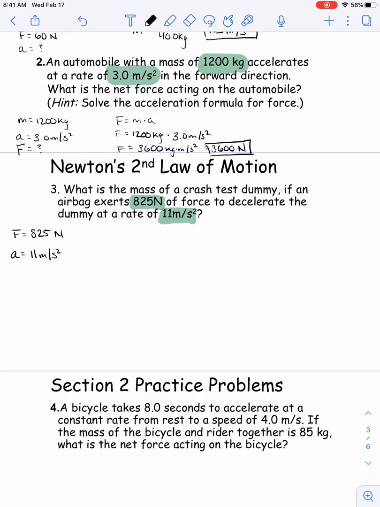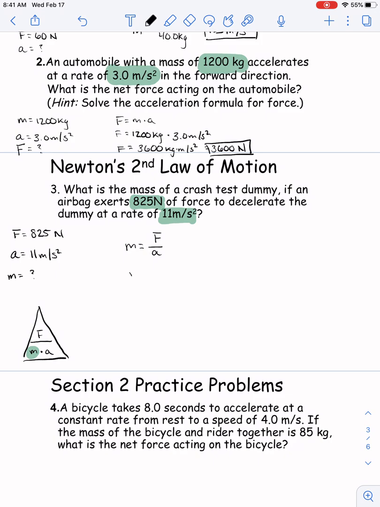It says, what's the mass of the crash test dummy if an airbag exerts 825 newtons of force to decelerate? So we're looking for the mass here. Now, taking that equation from the equation list where F is m times a, here we're solving for mass, so imagine covering up mass. We would then have mass equal to a force divided by an acceleration.